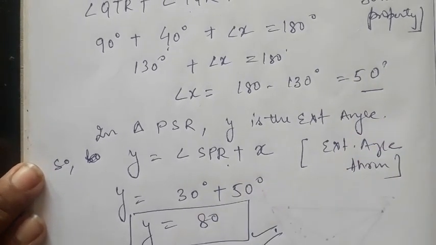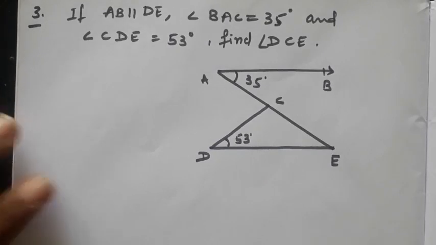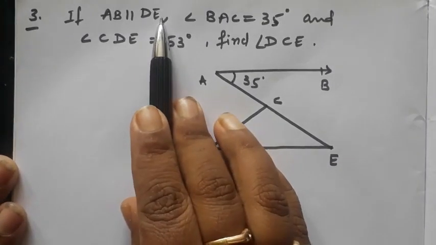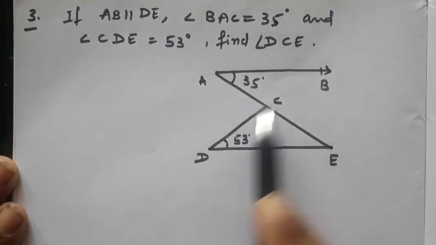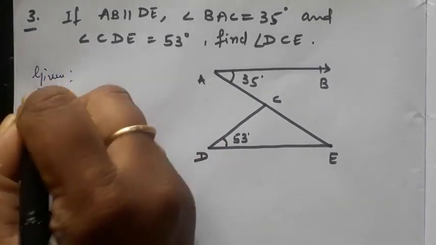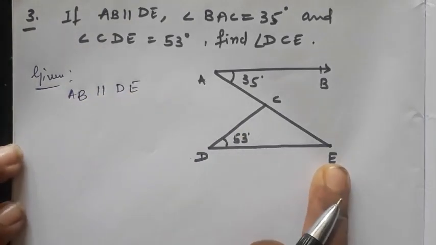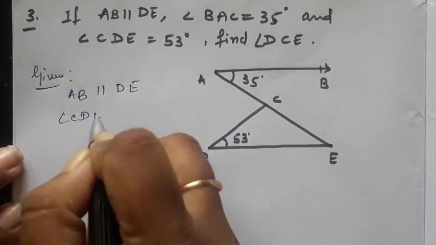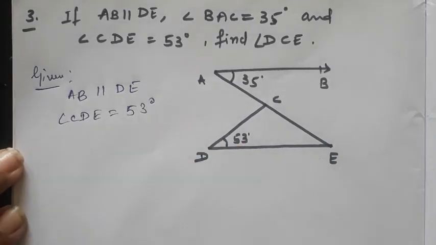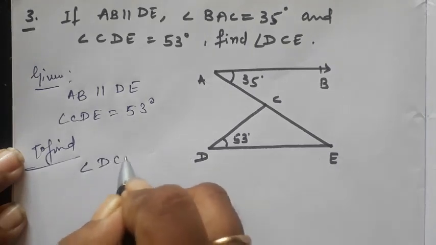Very easy now. So let's move on to the next question based on the same. See class, another question: AB is parallel to DE. We need to write side by side that AB is parallel to DE, which is already given. Angle CDE is equal to 53 degrees, and we need to find angle DCE.